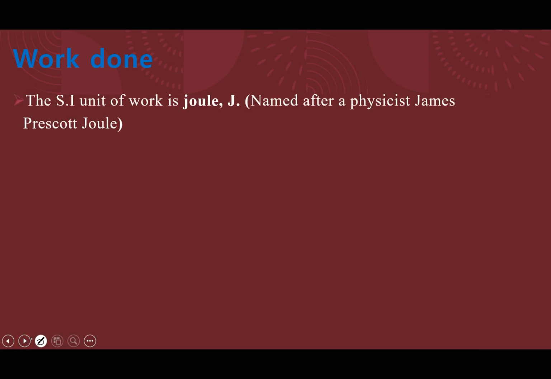Then other concepts you mentioned in IGCSE include the SI unit of work, which is the joule. The joule is the SI unit of work named after a physicist, James Prescott Joule.